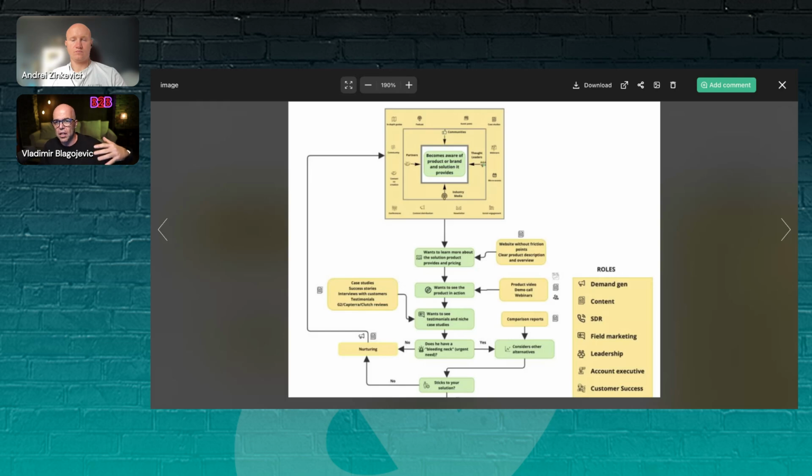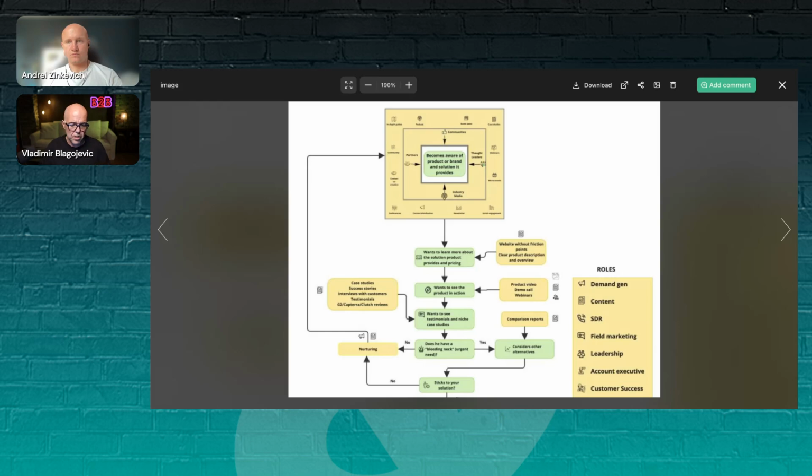So, looking at those won deals from the segment that you want to focus on, and starting to understand, okay, what do they have in common in terms of firmographics, technographics? What does the buying committee look like? Are there any other characteristics that make one account a better fit?